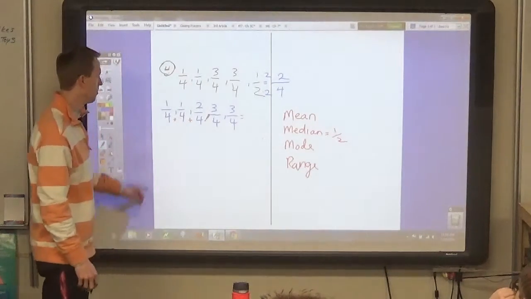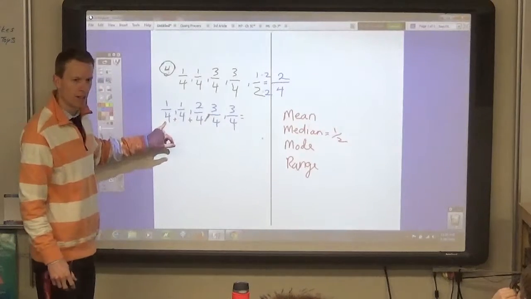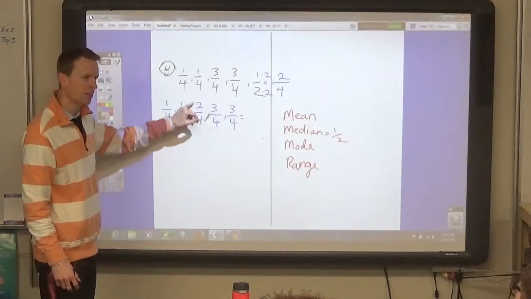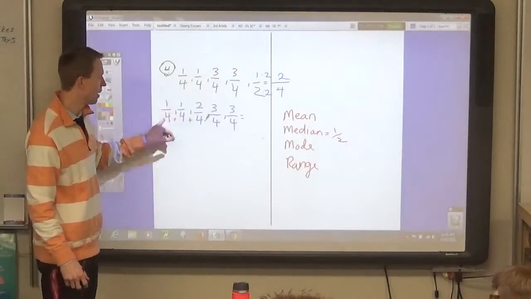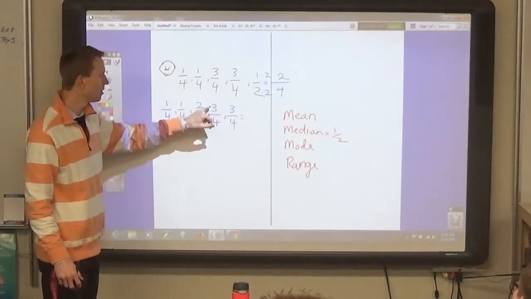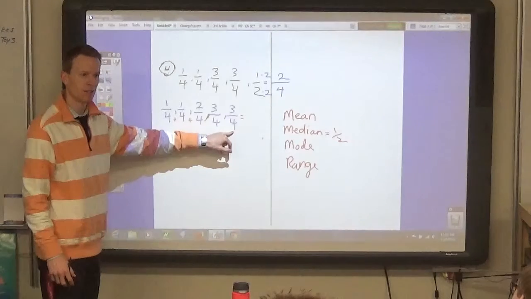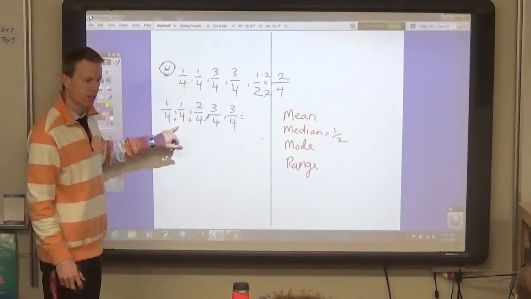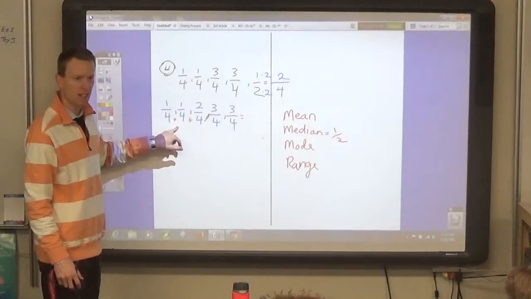That's like 1 piece, 2 pieces, 3 pieces, right? And all those pieces are in fourths. So don't add the denominators.